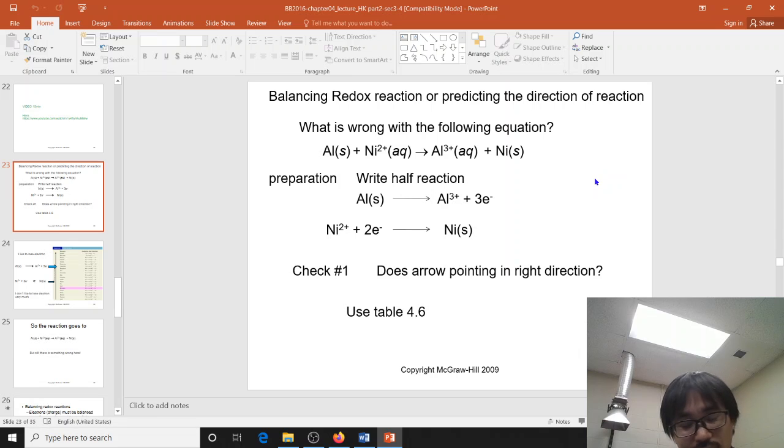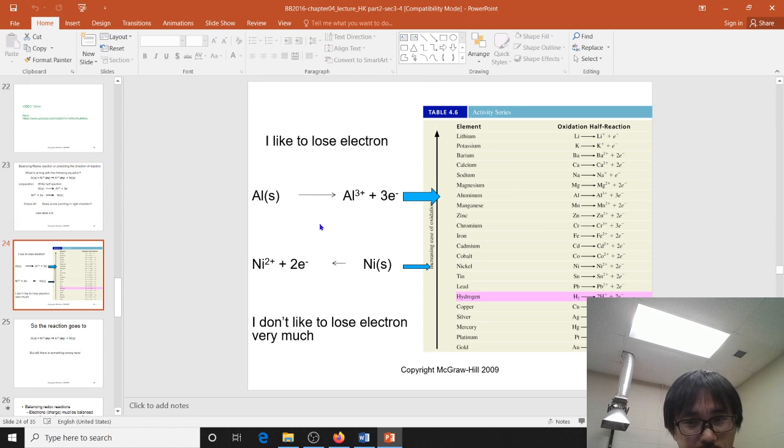So let's just think about the half reaction. The half reaction is written here, but you get one of these reactions from the table as shown in here. So aluminum, I don't know if I can actually see the aluminum, it's right here, right? Aluminum, the sideways arrow is pointing right here. And then the nickel, which is this one, right?